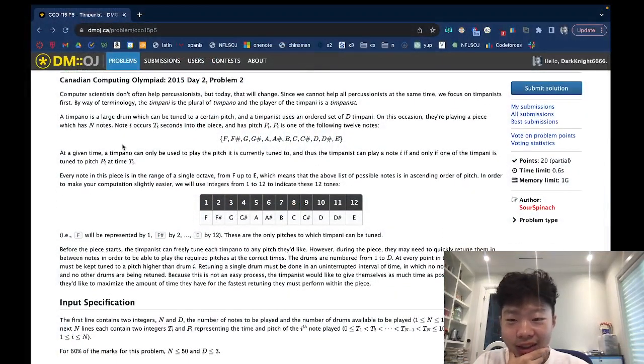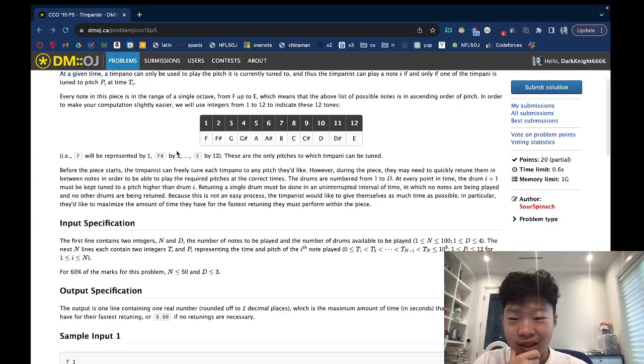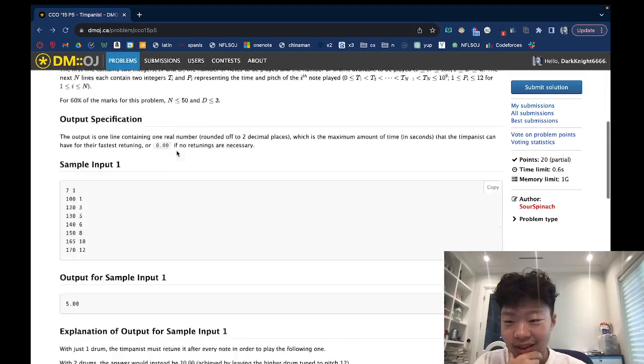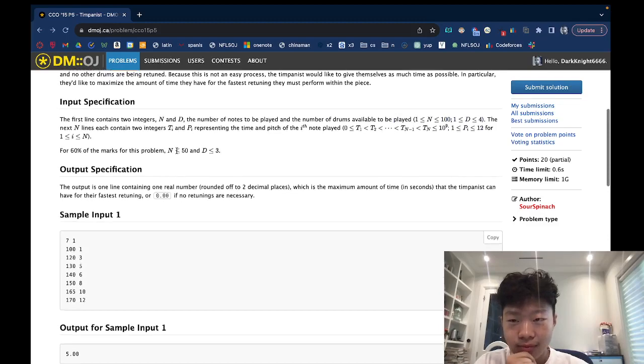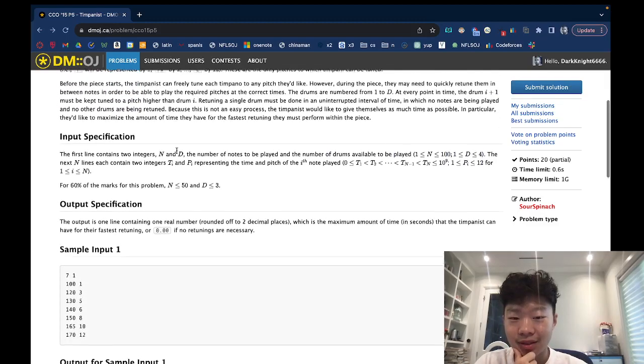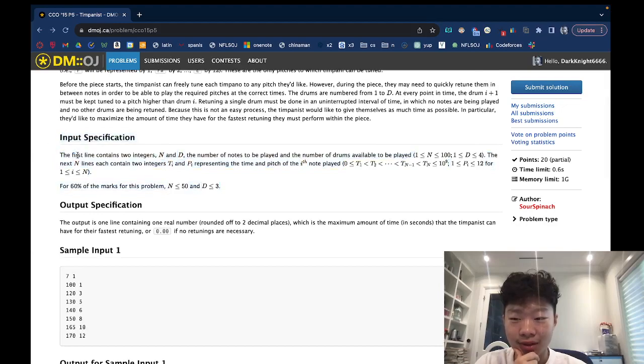Okay, so I don't want to explain this. Just read the editorial yourselves. So the limits are super small, and you can do this. If you think about it, you can do this online.